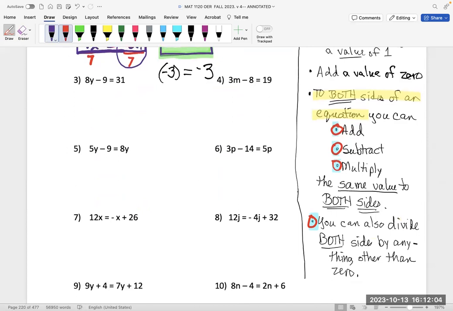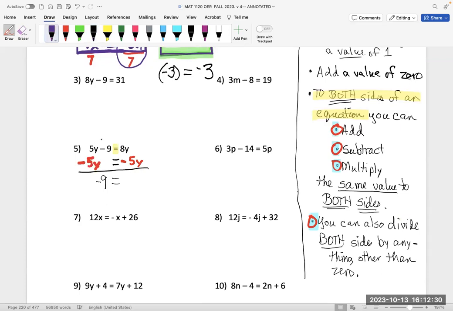Do number 5. I want to isolate the variable y. Well, I now have a y on each side of the equation. Always make sure you identify where your equal sign is and then do whatever you want to both sides of the equation to reach your goal. Your ultimate goal is to isolate that variable, in this case, y.